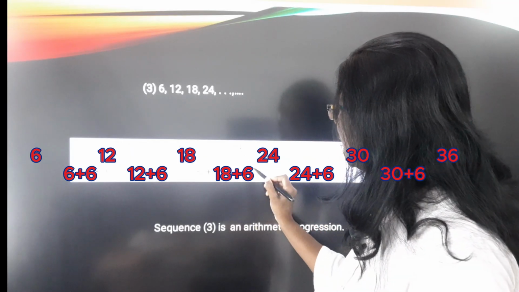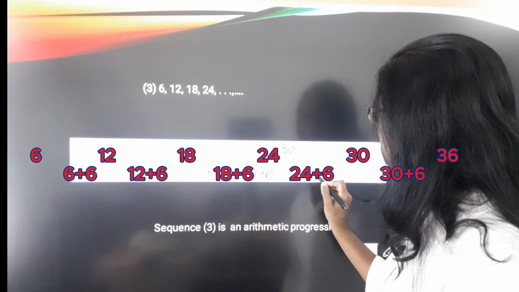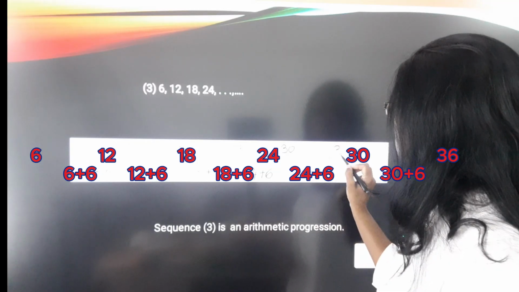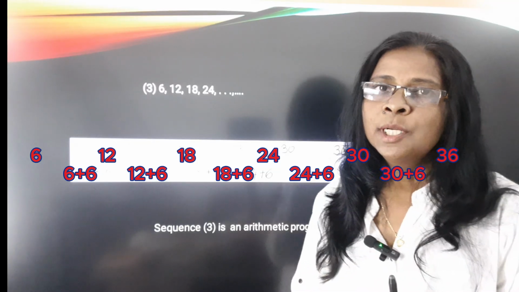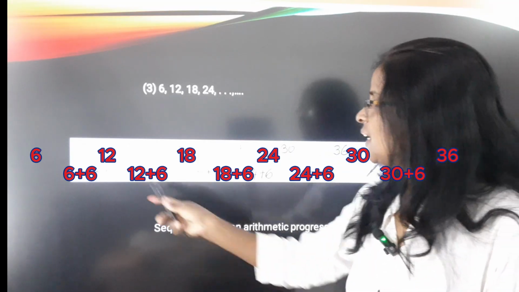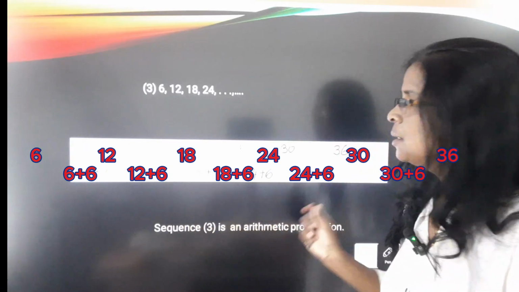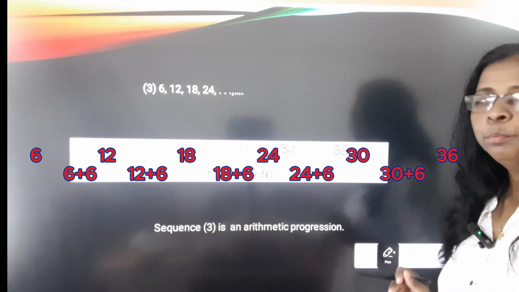That means here we added 6 to the previous one, then we get 30. 30 plus 6, that means 36. So 30 and 36 are the next two numbers of this sequence, and there is a definite number that you have to add to the previous one, so it is an arithmetic progression, students.